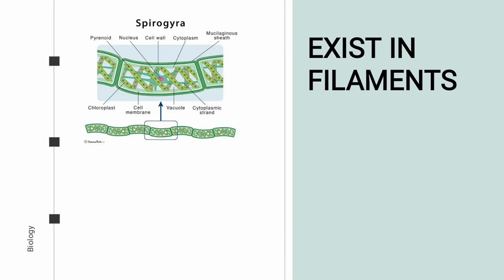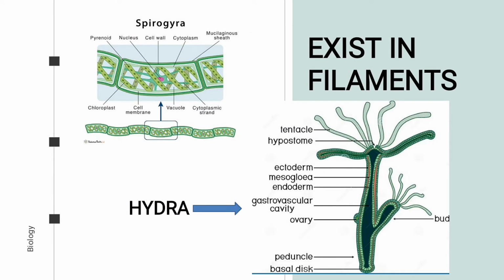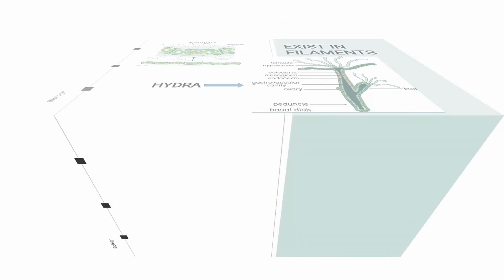And when we talk about those that exist in filaments, we have the Spirogyra. The Spirogyra are aquatic plants that are multicellular in nature. They come together to form a filament. And another one there we have is the Hydra. Hydra are also multicellular and exist in filaments.